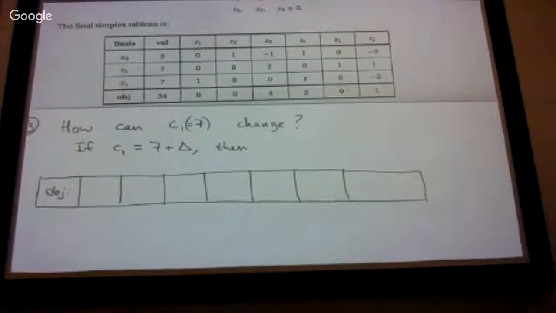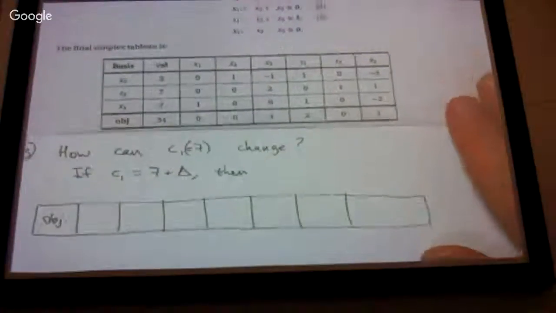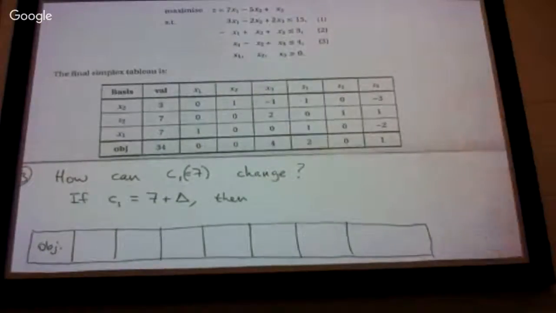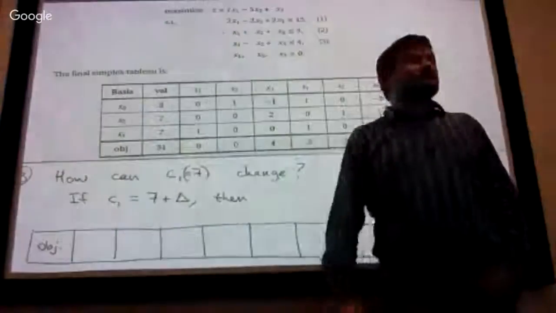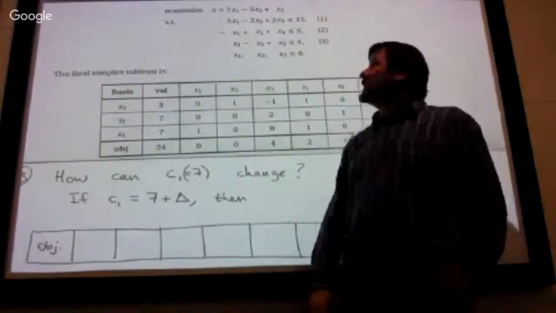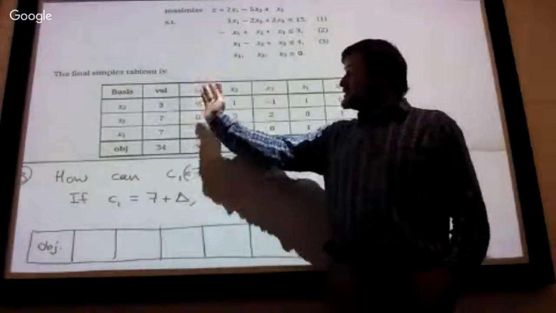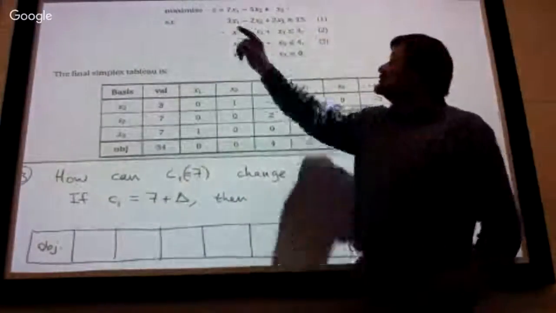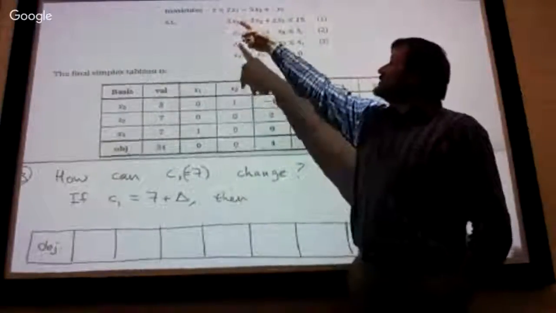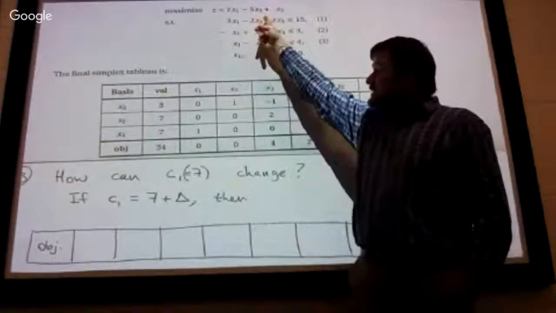How do you get 34? Just knowing the tableau, how would you get 34 for the objective? Just knowing the optimal solution is 7 and 3 and 0. You do 7 and 3 and 0, you get 49, 15, 34.